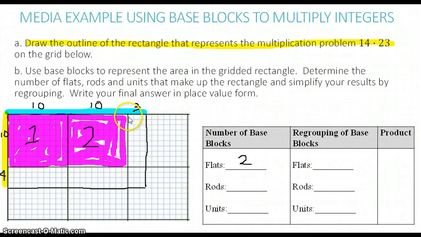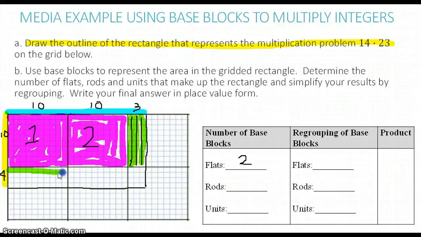Now let's count the rods. If we move down this way, this will be one single rod. Maybe you can imagine that. And this will be a second rod and a third rod. So here, let's use green, we have 1, 2, 3 rods. And notice we also have horizontal rods down here. So there was 3 here.